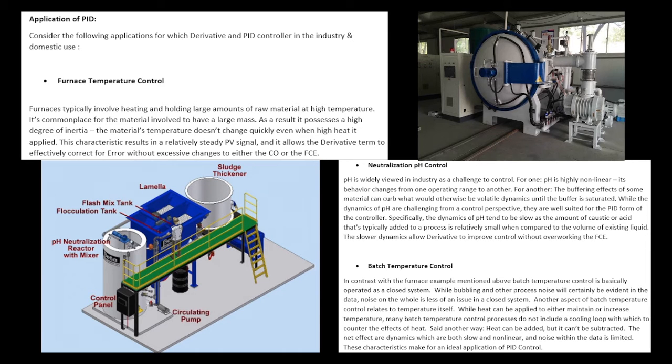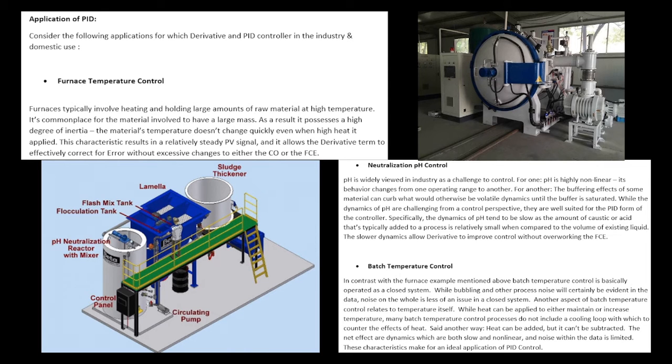Specifically, the dynamics of pH tend to be slow, and the amount of caustic or acid that is typically added to a process is relatively small when compared to the volume of existing liquid. The slower dynamics allow derivatives to improve control without overworking the FCE.